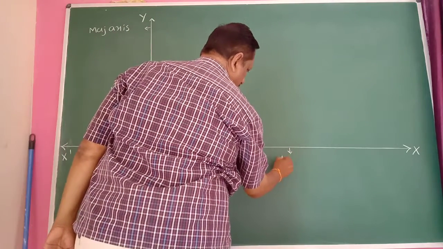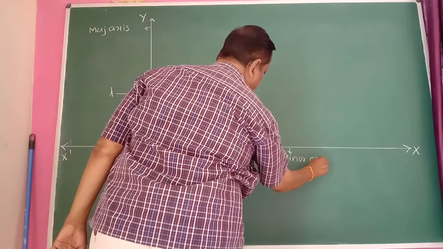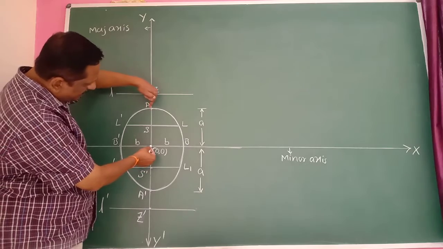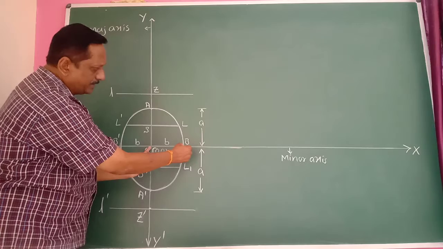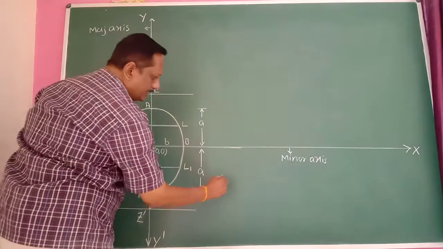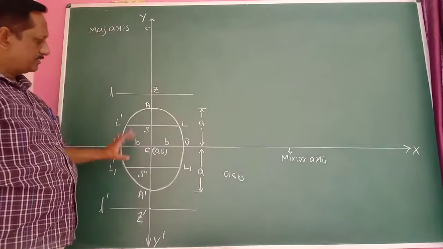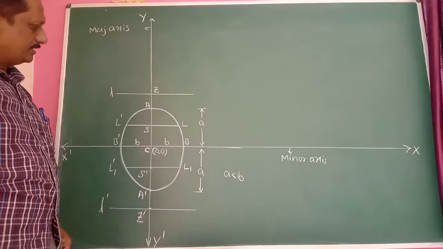Because here this is a unit, and this is a b unit. Therefore, in this case, a is less than b. So this is a and this is b. Therefore, a less than b.